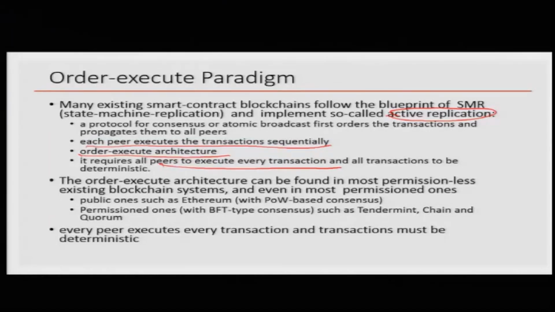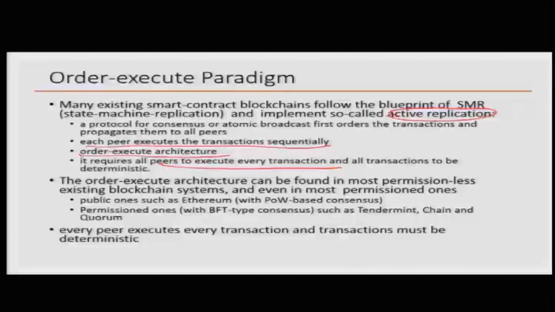Remember that in Ethereum we cannot have a random call to a random number generator, for example, because we do not want non-determinism. Once the block has been decided and order has been decided, that block goes to somebody else, they will also execute all the transactions, and if there is non-deterministic execution, then the state in one node will be different from the state in the other node.